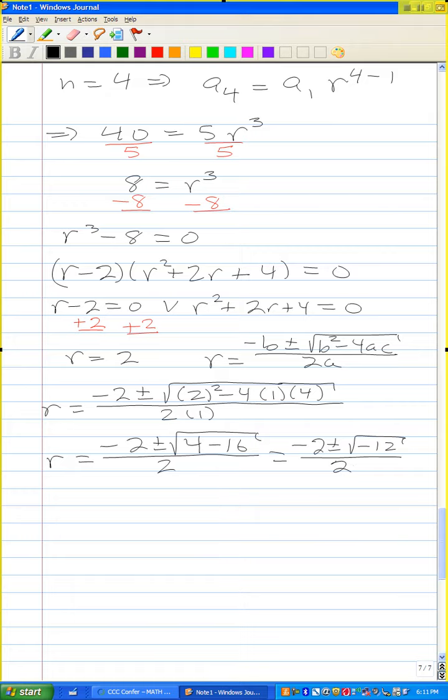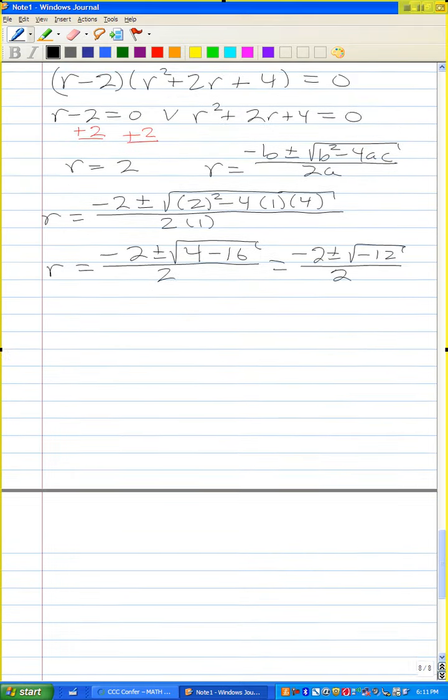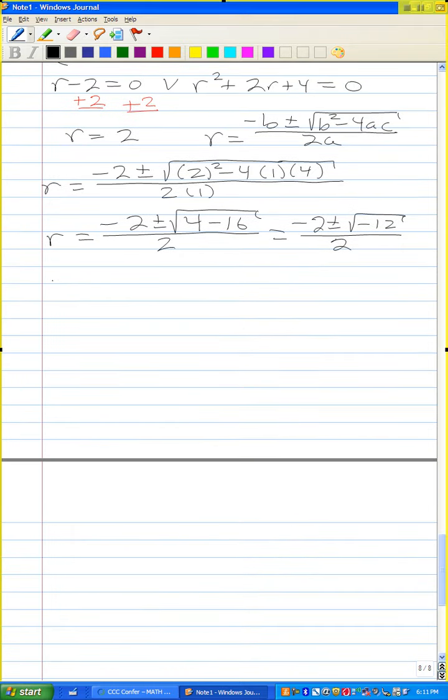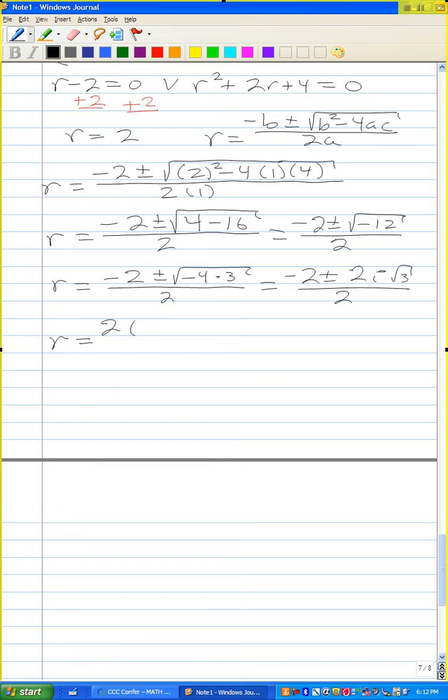I can write 12 as negative 4 times 3. And so you get negative 2 plus or minus 2i radical 3 over 2. I can factor out a 2. And so I get 2 times negative 1 plus or minus i radical 3 over 2.